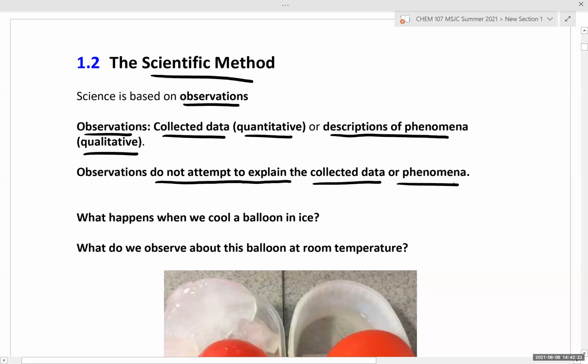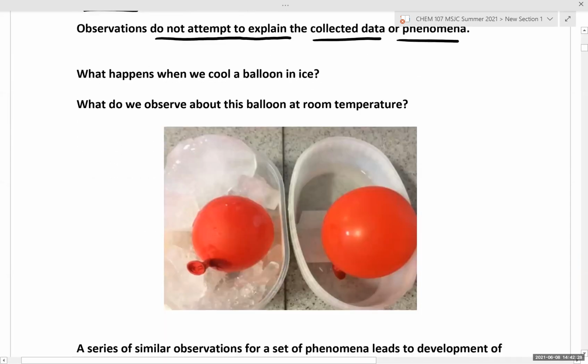So let's engage in an exercise in observation. Let's try to observe a system and write down what we observe. In this case, we have a balloon. In the first case, the balloon is at room temperature, which is about 25 degrees Celsius.